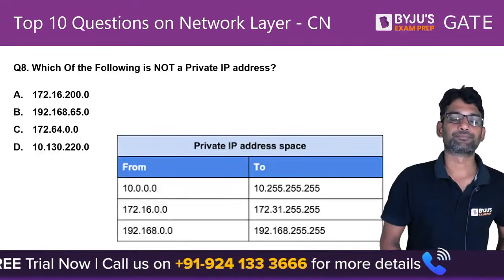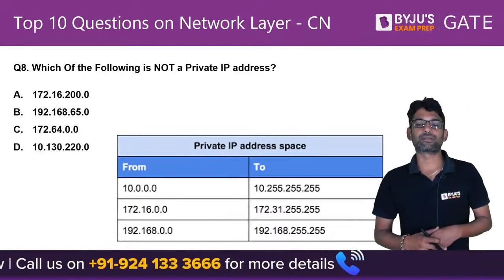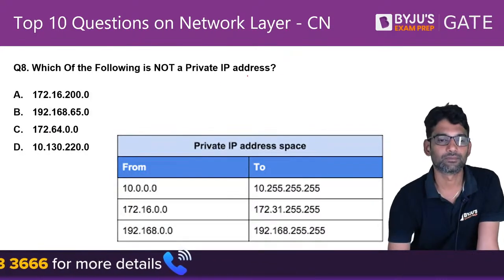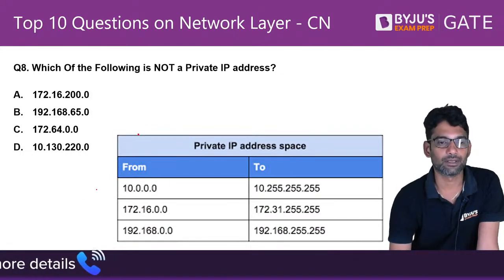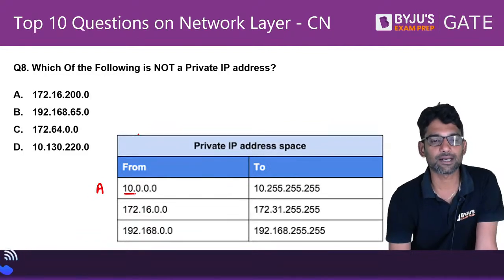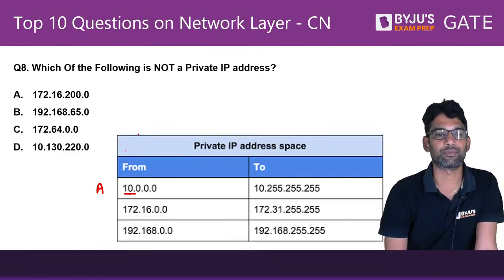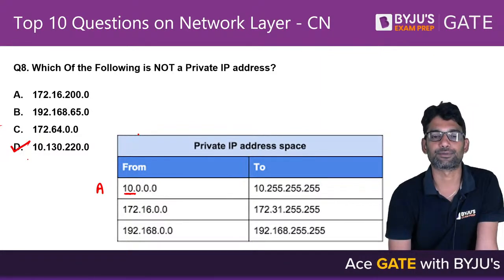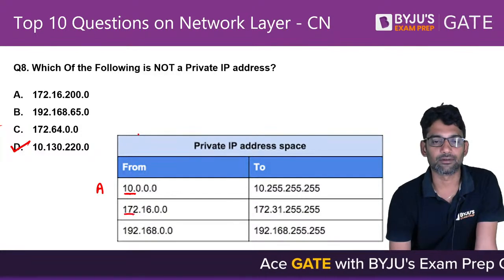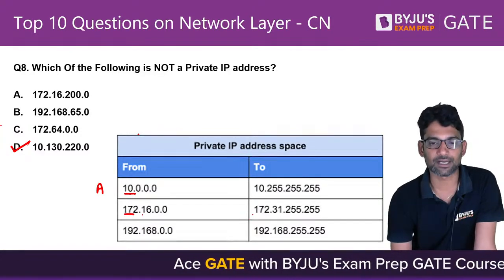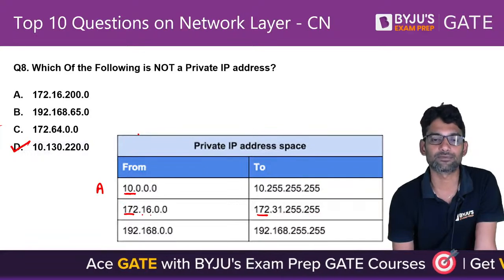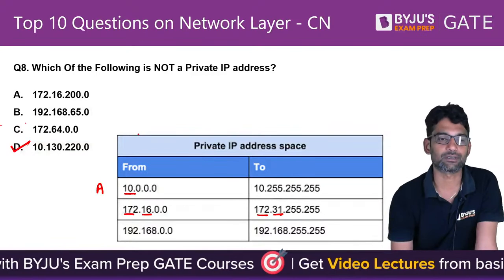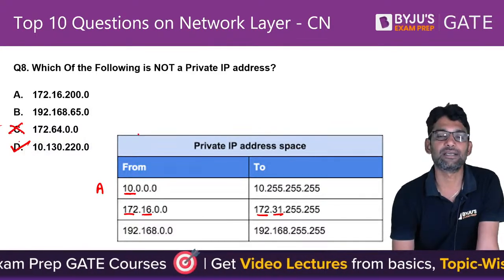Look at this. The private IP addresses range for class A, if it starts with a 10, that is private IP address. So it is definitely private IP address. And 172 if it is starting and the second octet is from 16 to 31, then that is private IP address. So option C is not private.